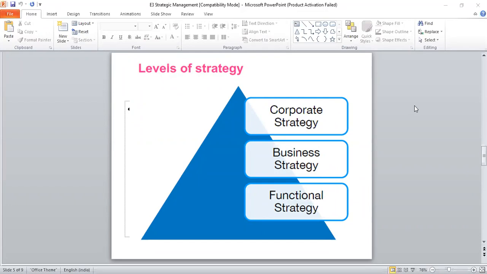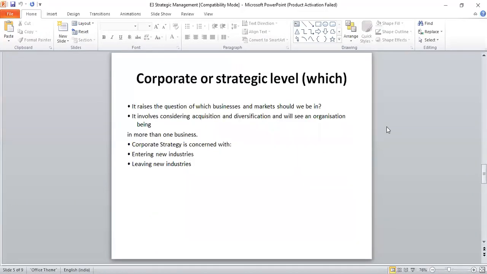As we go up, we have the corporate strategy, and at the lowest level, the functional strategy. So we'll look into what these levels of strategy are.